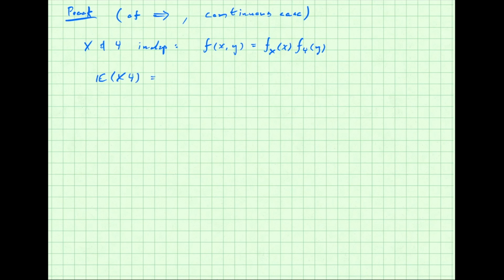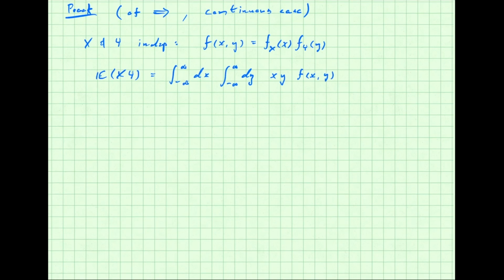We get the integral from minus infinity to infinity over x, and the same integral over y, of the product x times y times the joint density function. But making use of this property here, we can split this into the product of two different integrals.